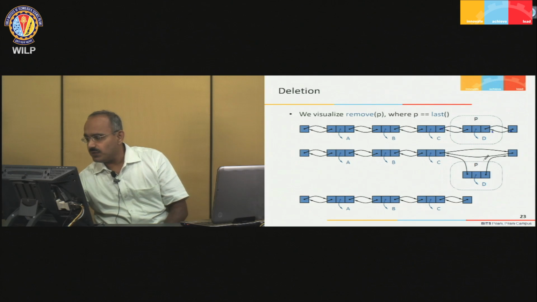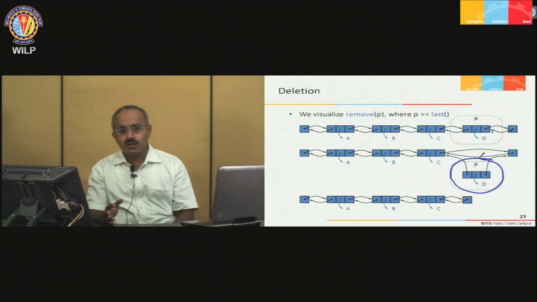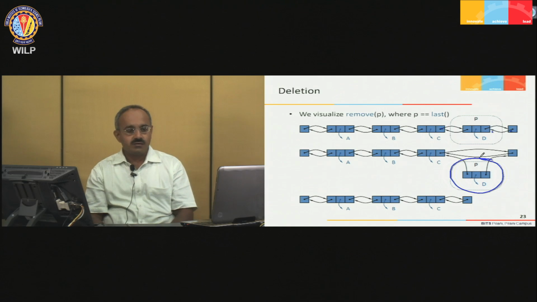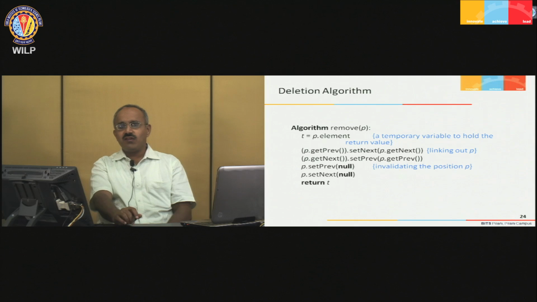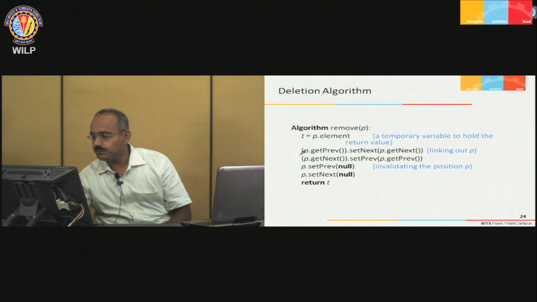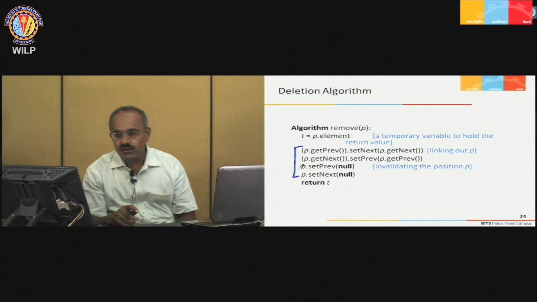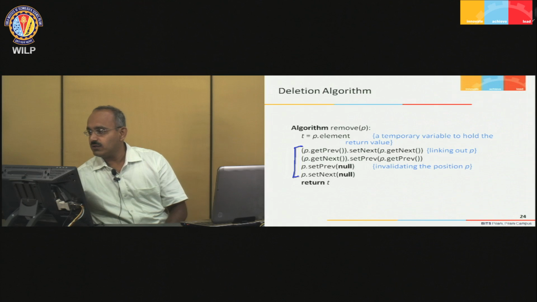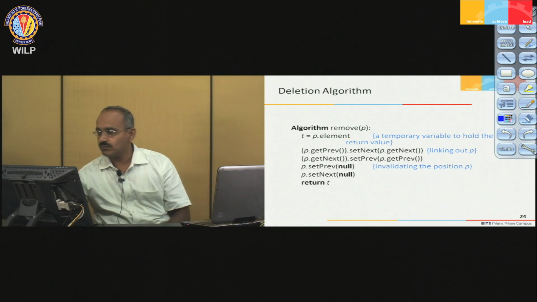Once a node is linked out of the queue, it can be collected by the garbage collector, and that space can be made available. So that precisely is an algorithm for dequeuing. You first traverse to that particular element and then simply adjust the pointers. Again, pointer adjustments will take only a constant amount of time, independent of the number of nodes in the list.